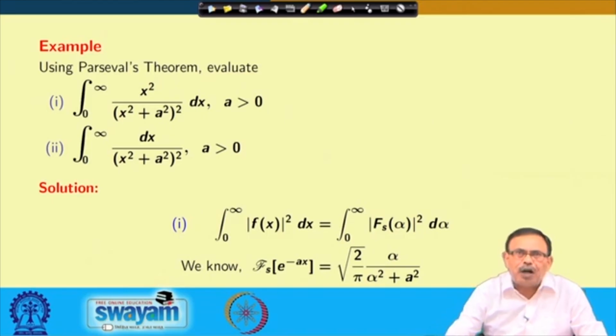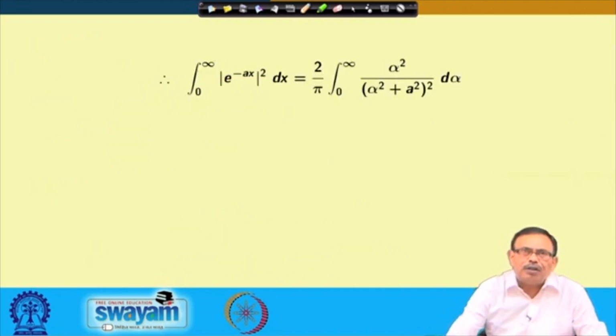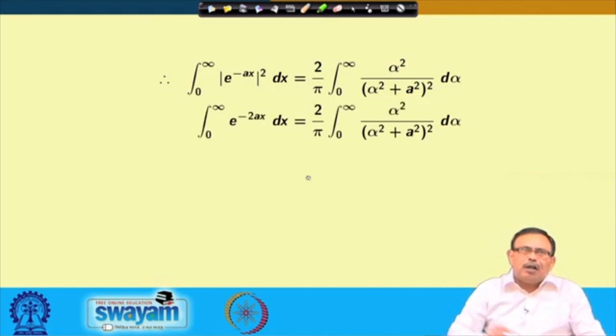So, if I use the theorem, I can write down 0 to infinity modulus of e power minus a x whole square dx equals 2 by pi, integral 0 to infinity alpha square by alpha square plus a square whole square d alpha. I am taking the whole square on both sides. So, this I can write as 0 to infinity e power minus twice a x dx, and this equals 2 by pi times this integral.